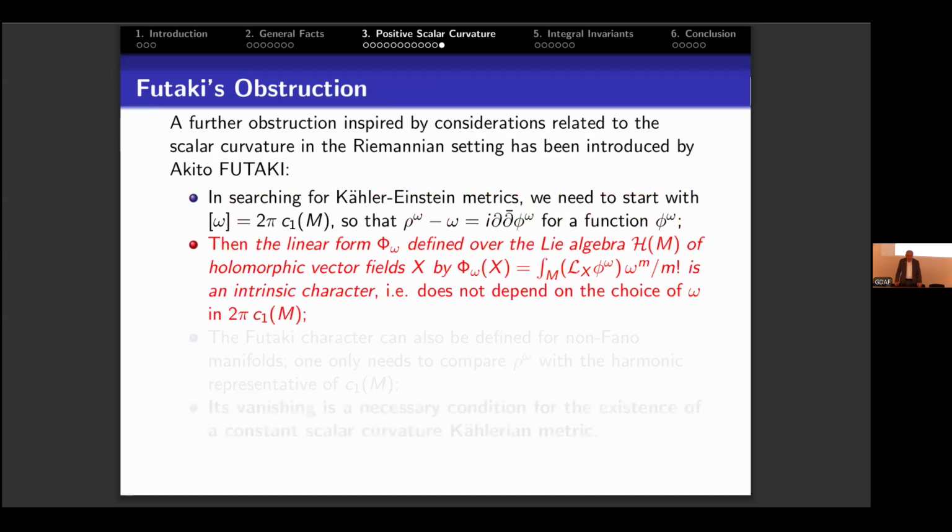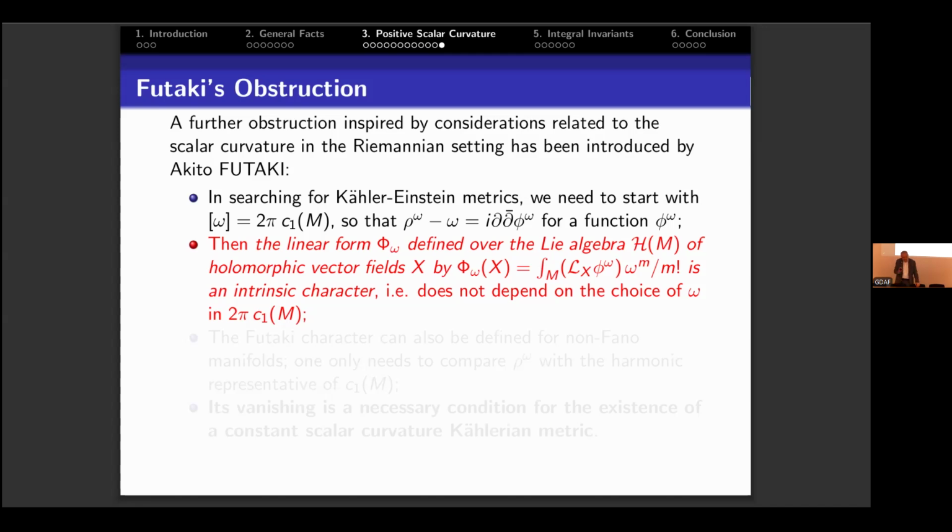And then what Futaki has done, he looks at a certain functional, which is the following one. You take a holomorphic vector field X, and the value of this linear form on the Lie algebra of holomorphic vector fields is the integral over M of the Lie derivative in direction of X of this potential phi, which I found before. It was measuring the difference between the Ricci form and the Kähler form.